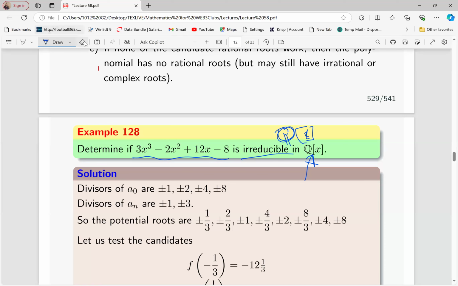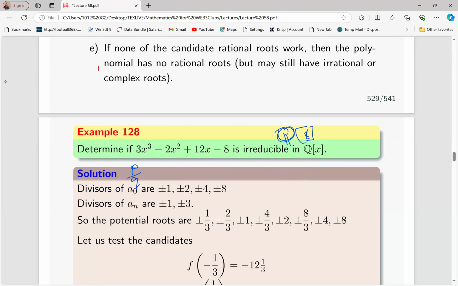Now, we want to form rational numbers P out of Q, where P should be the divisors of the constant term, and Q should be the divisors of the leading term.